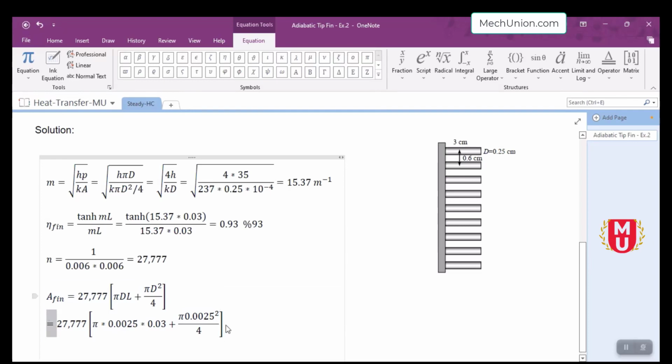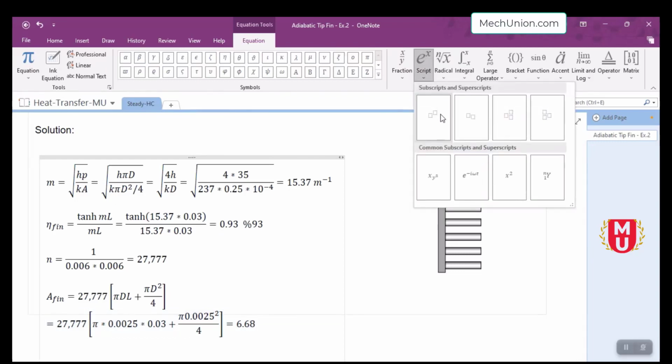If we calculate this value, it equals 6.68 square meters.